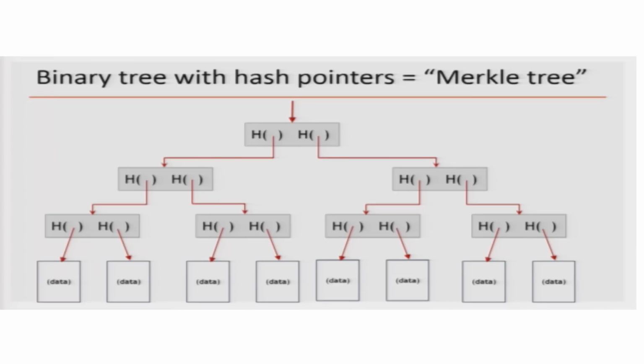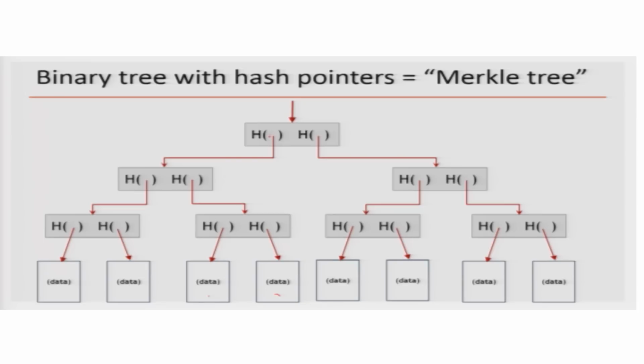Now, if you have another block of data, you can have a hash pointer to it, and then what you do is you combine these two hash pointers as a block and compute the hash of those and create a hash pointer to those. Now, you have two more blocks of data, so you have hashes of those. Once you have two hashes, you can create the hash of that. So, now you have another node with two hashes, then you create a hash of that and point to that.